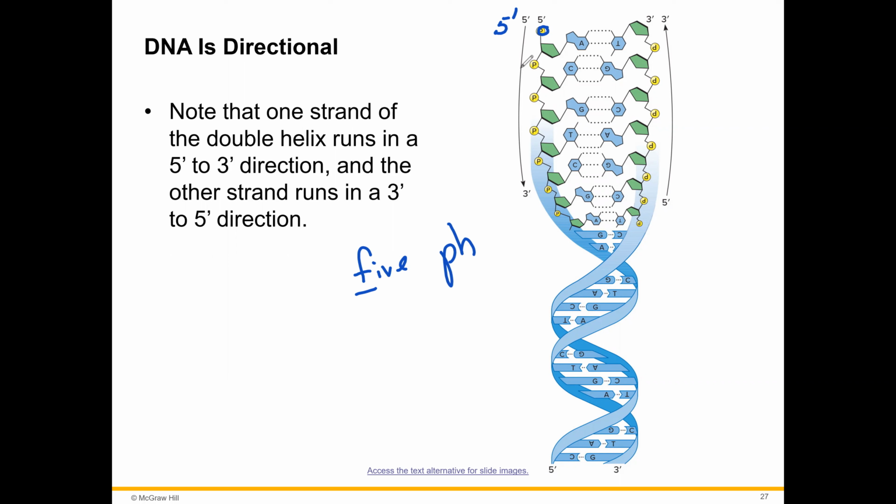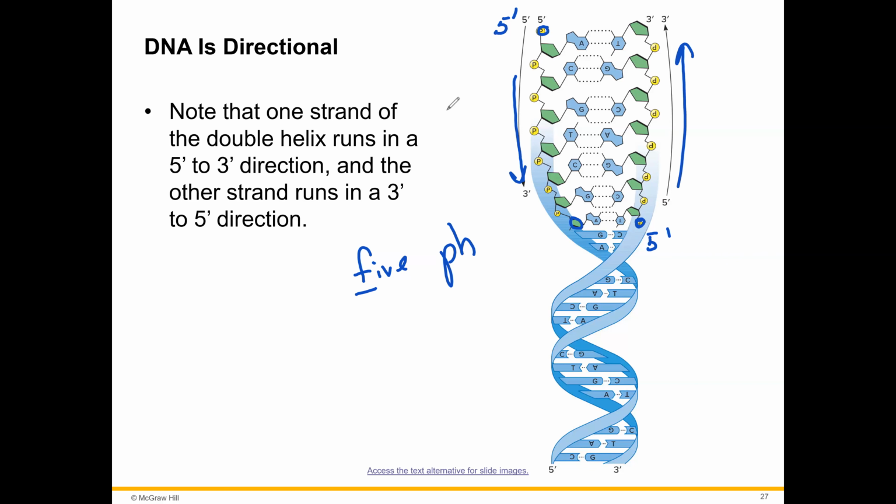So we go from 5 to 3, where the sugar is. 5 to 3. And over here, look, we start with sugar, so here we have 3 to 5. One runs in direction 5 to 3, and on the other, here's our phosphate, so this is our 5'. 5 to 3 goes the opposite way.